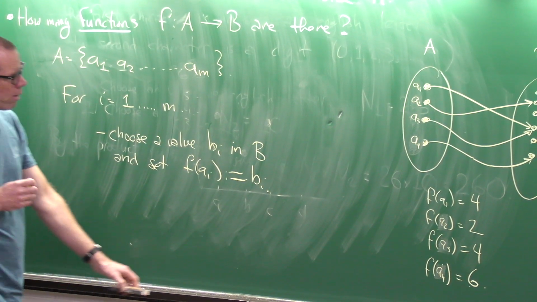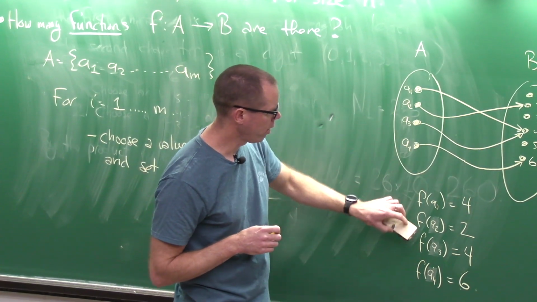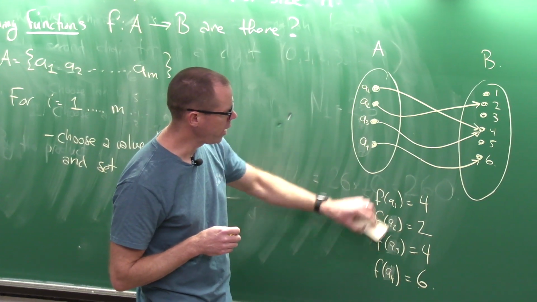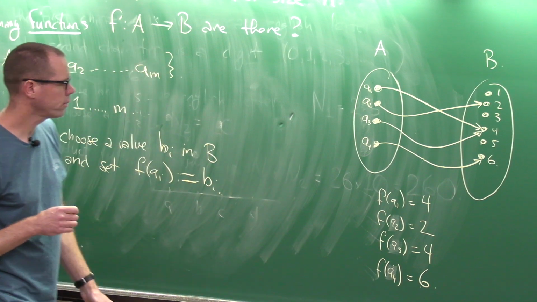Sort of like I did here. F of A1, I need to pick a value for that, I'll pick 4. F of A2, I'll pick 2. F of A3, I'll pick 4. F of A4, I'll pick 6. Okay?